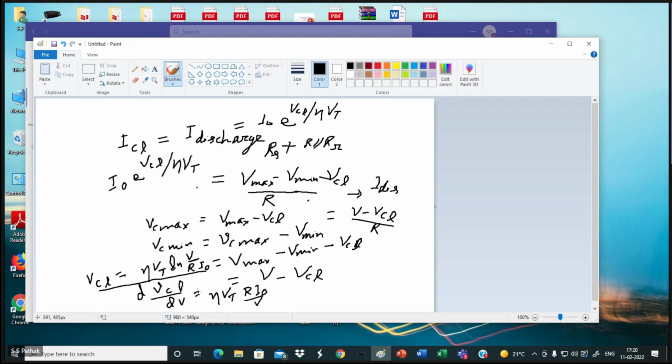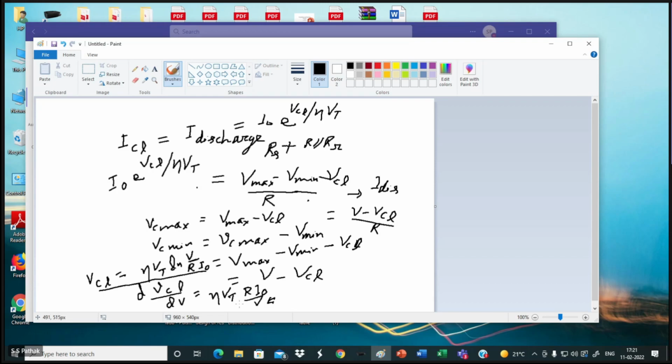So what happens? The change in VCL, the clamping voltage, with respect to an increase or decrease in the voltage difference of the square wave will be smaller. This change will be smaller if V is larger.